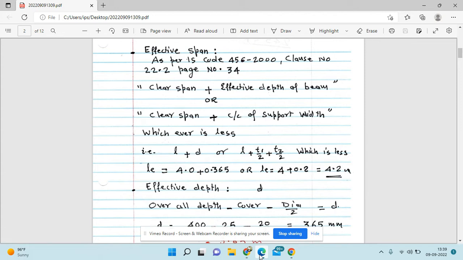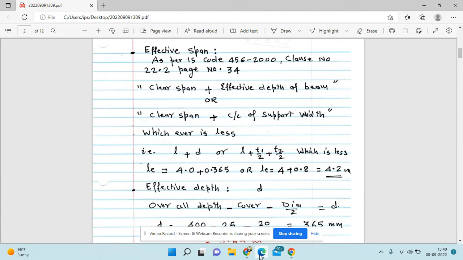Inner to inner distance of a support is called the clear span, and clear span plus effective depth of the beam, or clear span plus center to center of the support width, is called effective span.